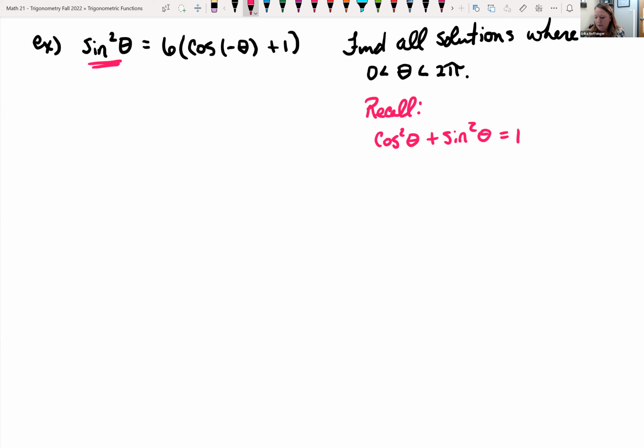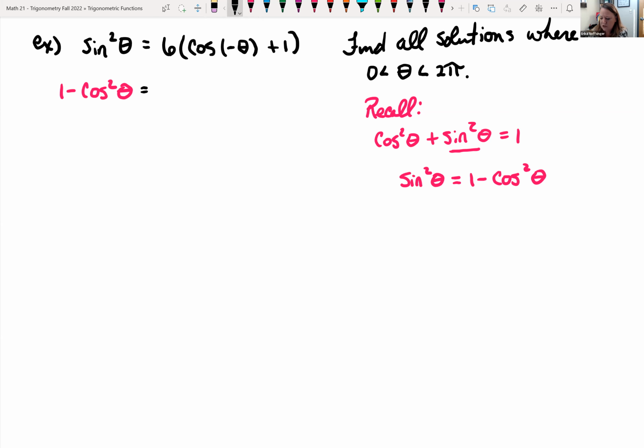We can do that by solving for sine squared theta, and we just subtract cosine squared theta on both sides. So we get sine squared theta is the same thing as 1 minus cosine squared theta. So we're going to go back into our equation, and we're going to rewrite sine squared theta as 1 minus cosine squared theta.